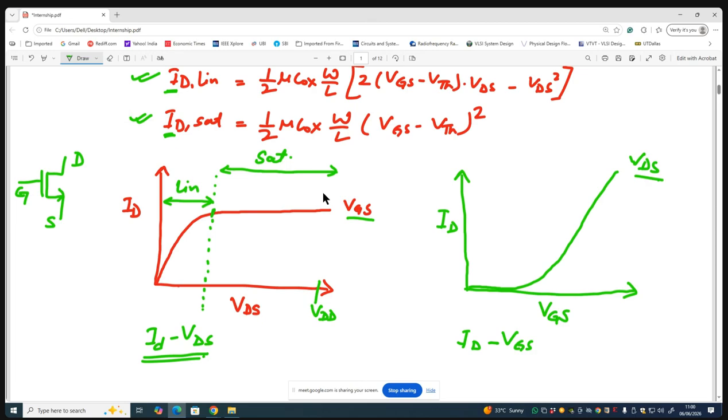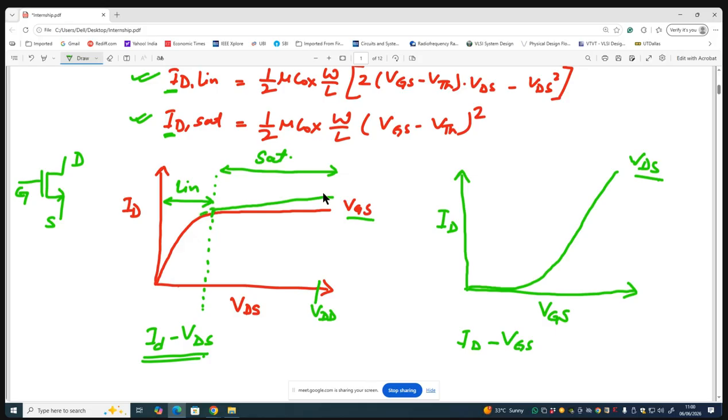Now in this saturation current equation, ideally what we want is that the current is independent of VDS, which is represented by the saturation current equation. You do not see any VDS term here, right? But in reality, the current does change slightly with VDS when VDS is increasing.